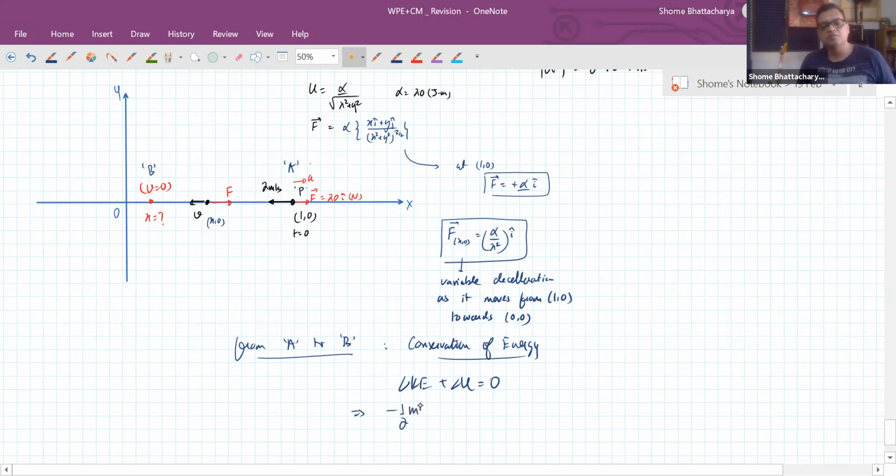So minus half m v naught square, where this is the v naught we are talking about, plus potential energy at the point B, which is going to be alpha upon x, minus initial potential energy, which was alpha upon 1, should be equal to 0.